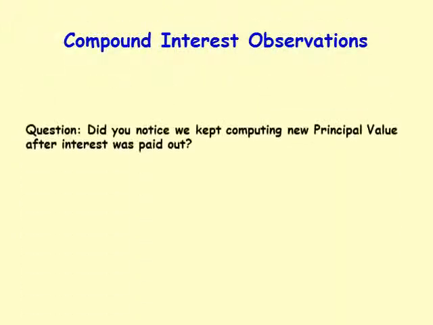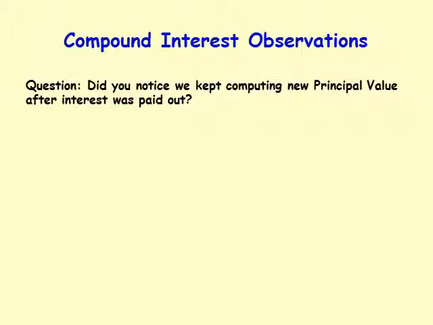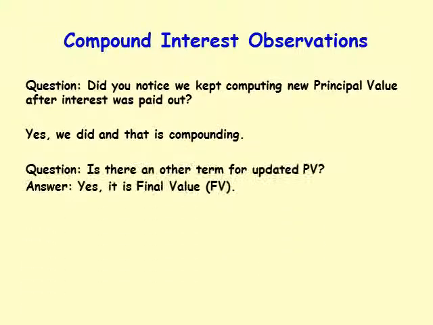Let's make some observations here. Question: did you notice we kept computing a new principal value after interest was paid out? Yes, we did, and that is the compounding. We were compounding the interest paid into the new principal. We're adding that interest, rolling the interest paid into the principal, and that's what compounding the principal means.